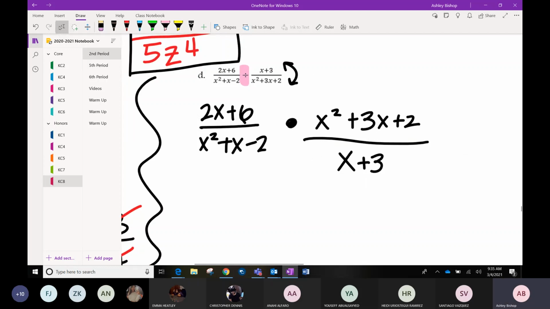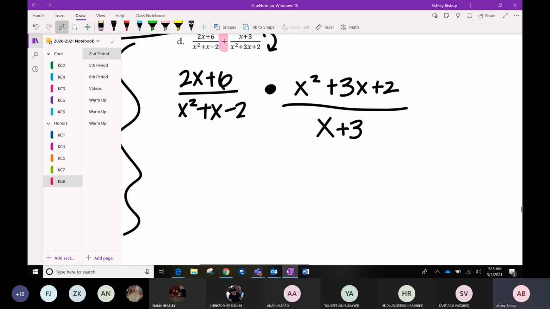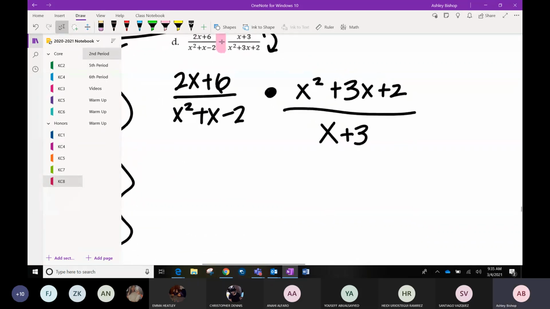Now I'm ready to go about this problem. There's a lot that's going to factor. First thing, this is the first problem of the day where I have a greatest common factor. Based on our problem yesterday on our quiz, we need a little more review with that. Anytime you have a number in front of your x, that's a hint to see if you can take it out by using a greatest common factor.